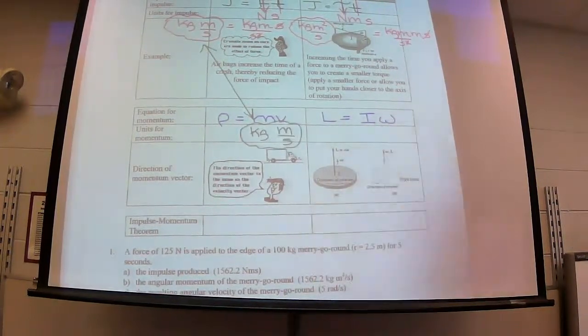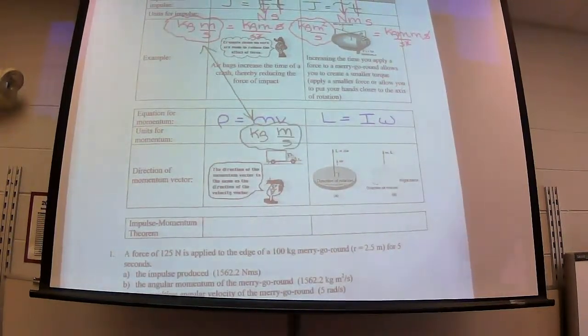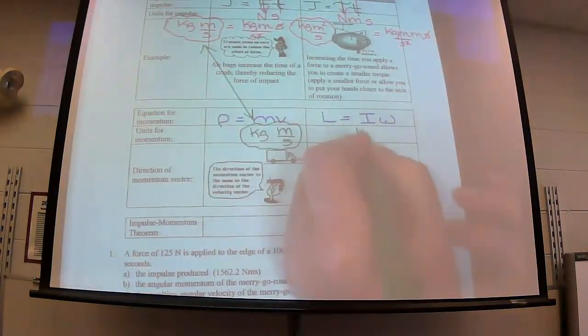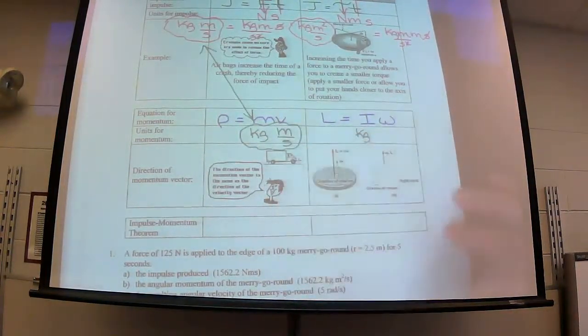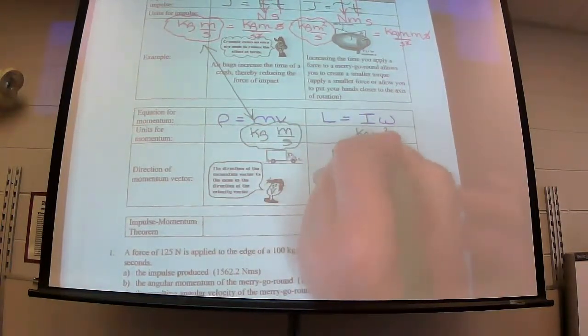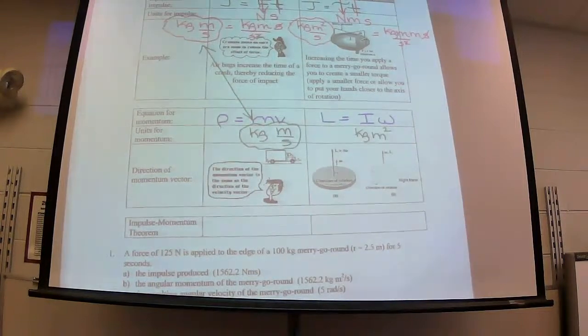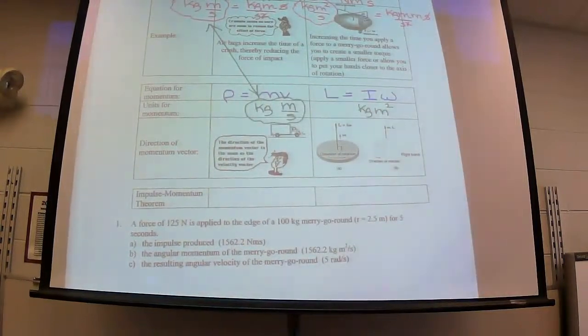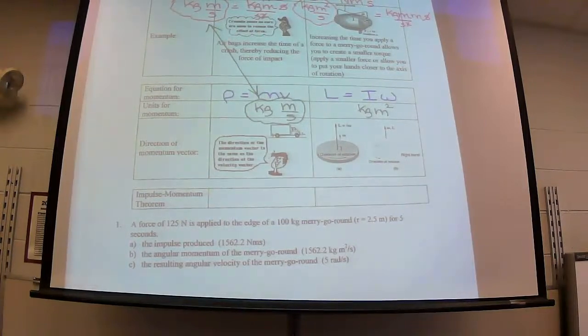An I equation is always some sort of mr squared. So here's m. Here's r squared. And omega is radians per second. But a radian is a nothing, so I'm not going to write it.